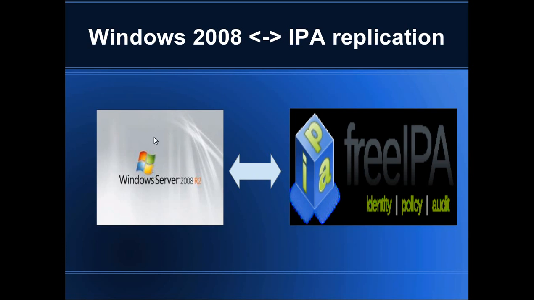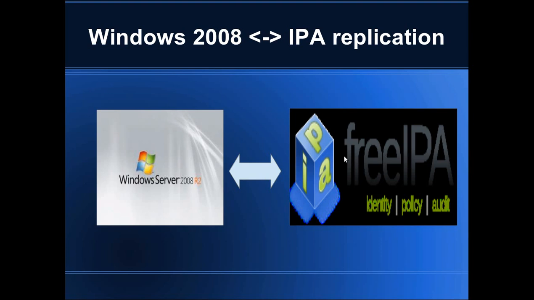If we are talking about any kind of modification, whether you are modifying a user password or locking or unlocking a user account or other details related to phone number, mobile number, or his other details, they get synchronized in both directions. If you modify on Windows AD, they get modified on the IPA server.